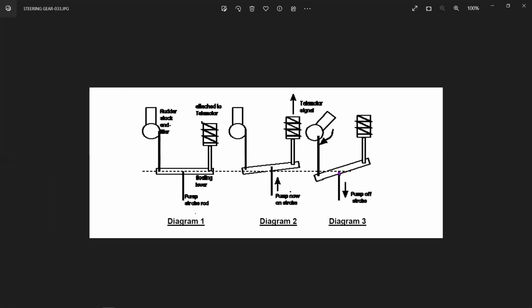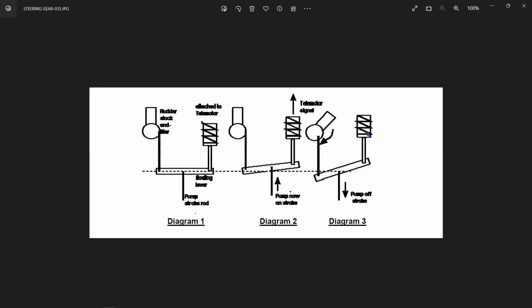There is a spring connected to this side as well as a spring on this side. Now the pump control lever is off stroke, provided the telemotor has again got to zero, and it will come back to neutral position.